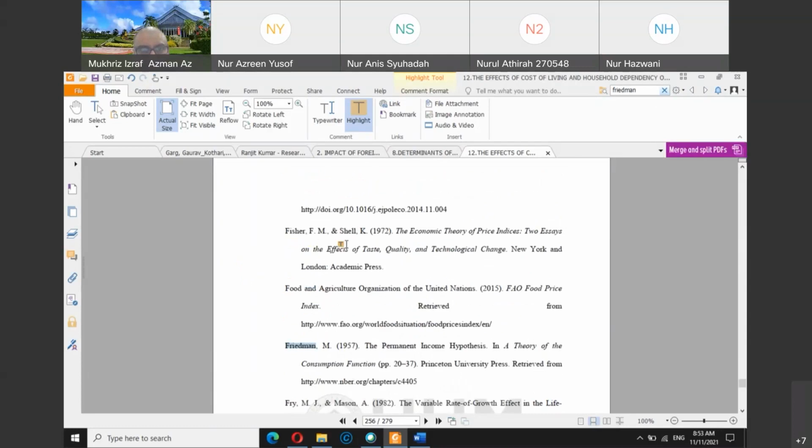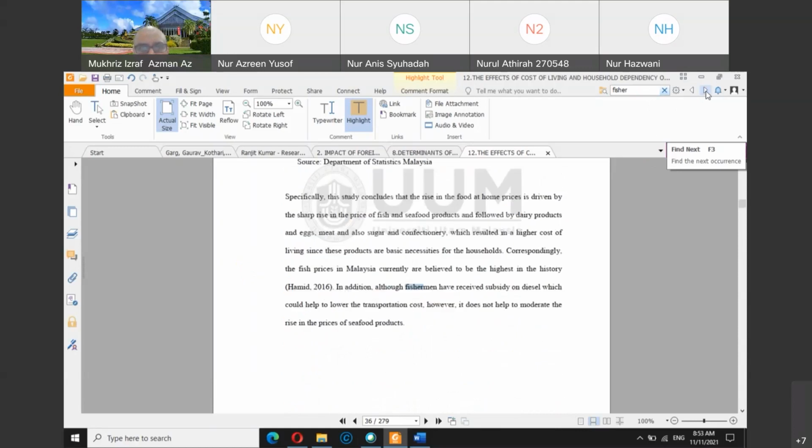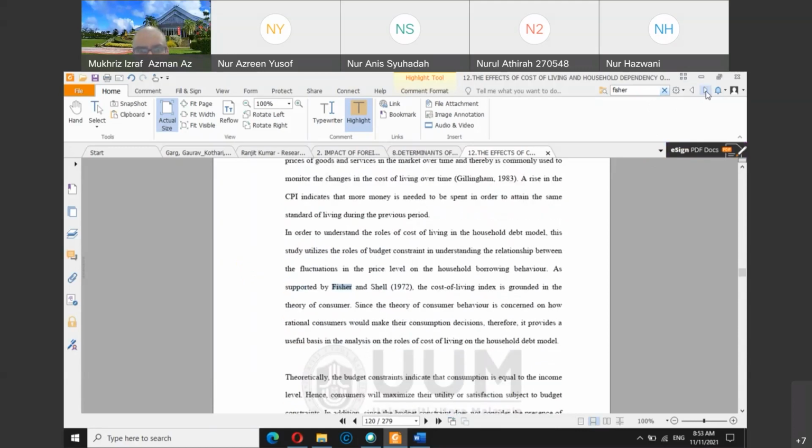So for example, Fisher and Shell 1972. If you type Fisher, see how the student cited the paper from Fisher. For example, this one, Fisher and Shell 1972, as supported by Fisher and Shell, bracket 1972.